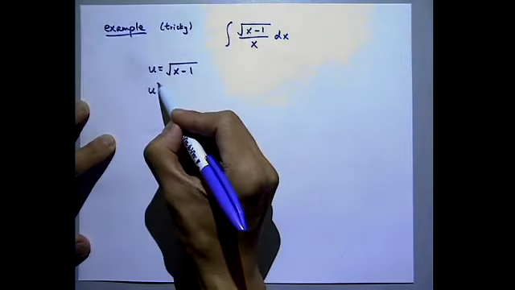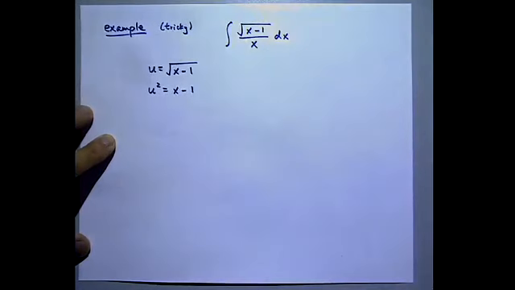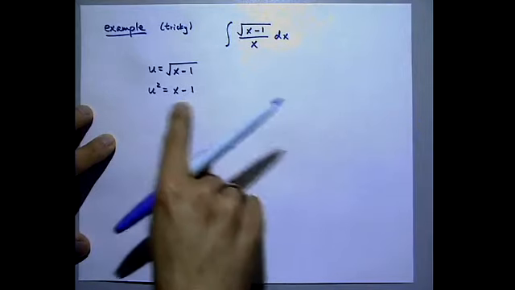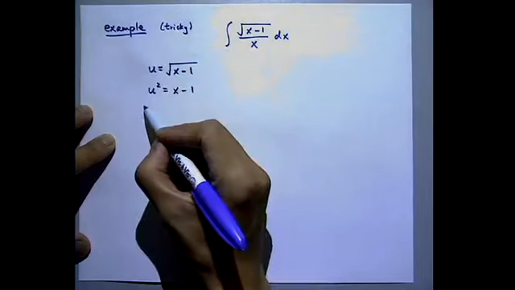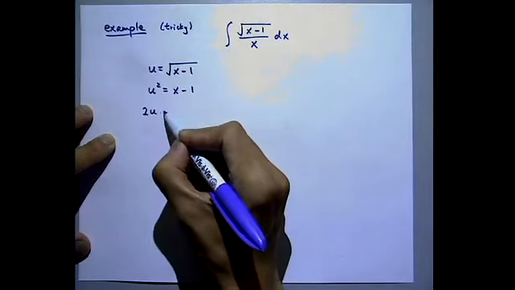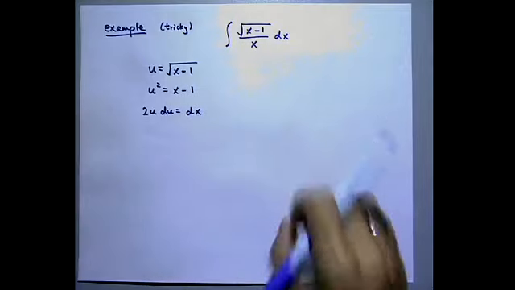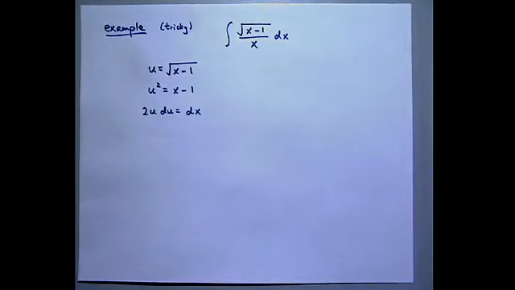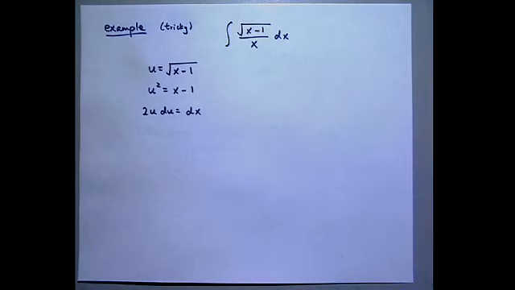Let me square both sides. I still want to know du, so I'm going to take the derivative of this implicitly to find du. Differentiating the left, we get 2u du, and on the right-hand side, we get dx.